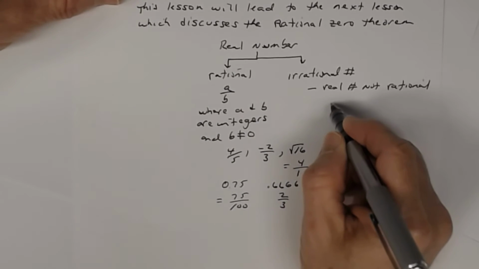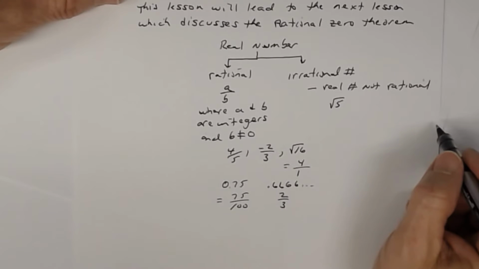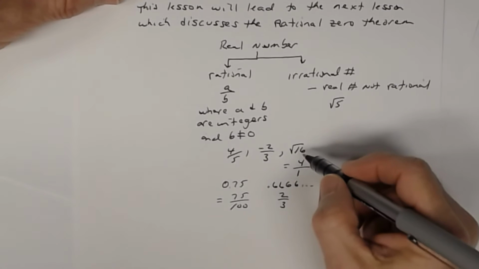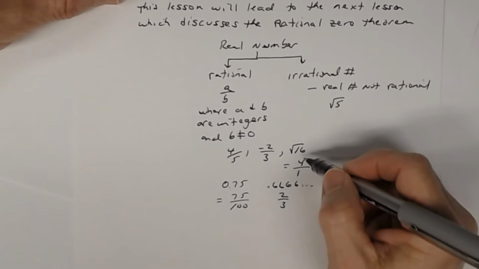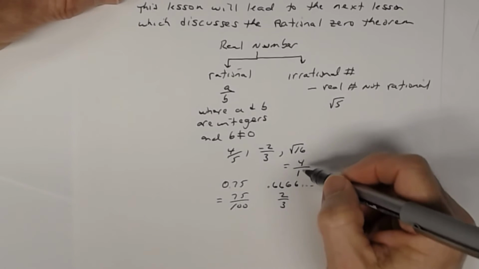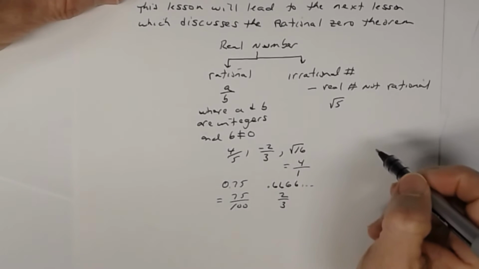For example, the square root of 5 is an irrational number. Square root of 16 is rational, because 16 is a perfect square, and I can write the square root of 16 as 4 divided by 1, and both of those are integers. But the square root of 5 you cannot, because 5 is not a perfect square.